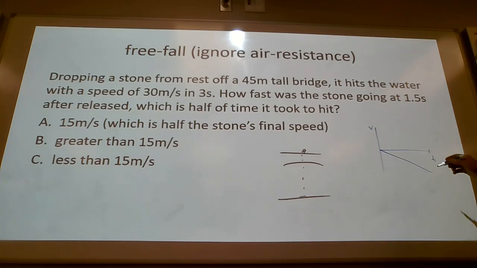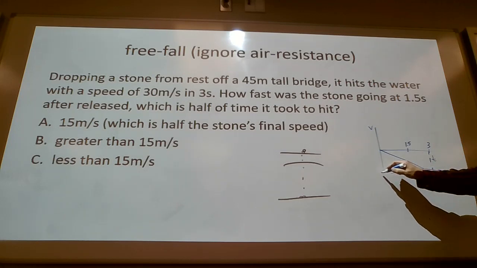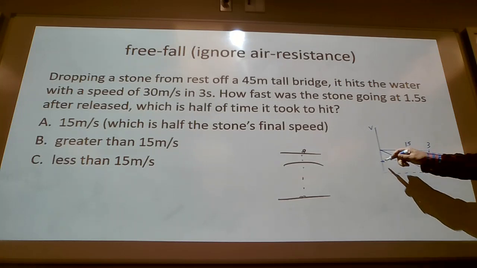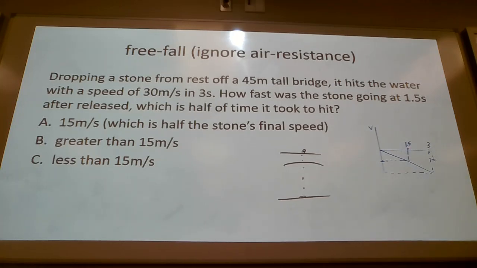The fact that this is a straight line means that it has a constant rate of change. So at half of the time, you have half of the speed. Correct answer is A. If your rate of change is constant, then at half the time, there's half the change.